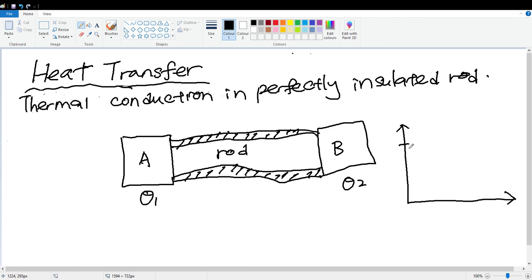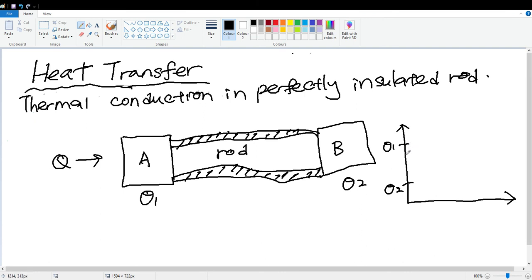Let's say I supply heat here, and theta 1 has a higher temperature than other points in this rod and object B. So this will be my theta 2, which is the temperature for object B.